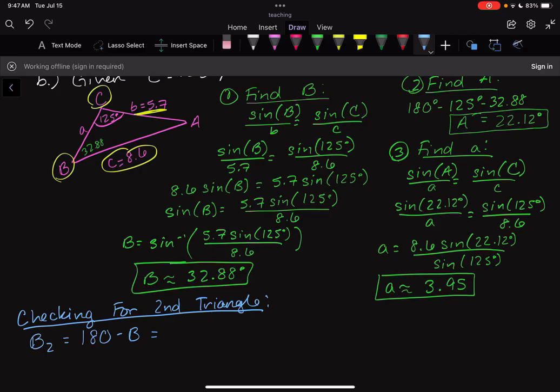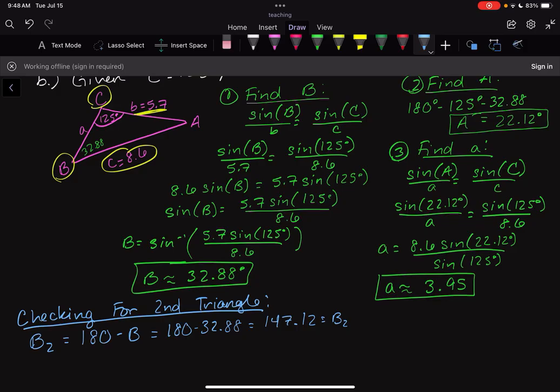I'm going in order of what I found. So I would do 180 minus 32.88. Let's see what I get here. I get 147.12. So this is my B2, the B of my second triangle.